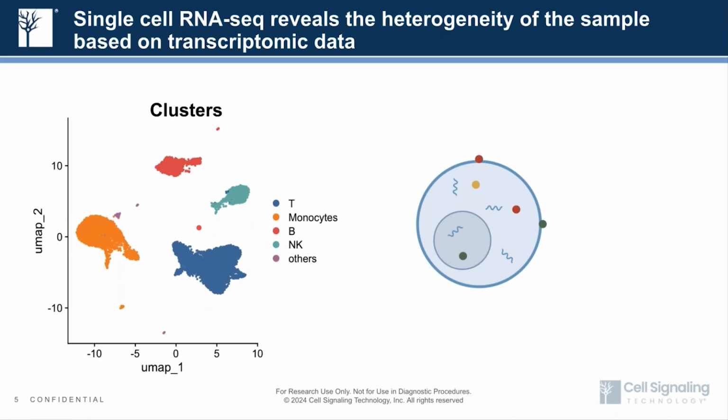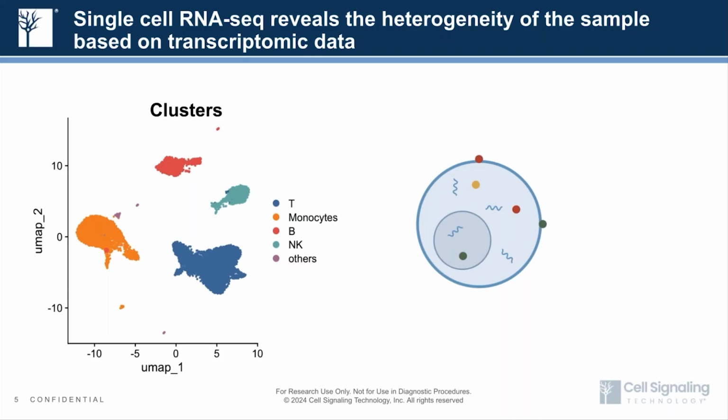You can see that these are peripheral blood mononuclear cells. I want to mention something which will be relevant later in the talk today, that the closer the cells are to each other, the more transcriptionally similar they are to each other. And the further away they are on the UMAP, the more they have distinct RNA or transcriptomic markers specific to each cell type.